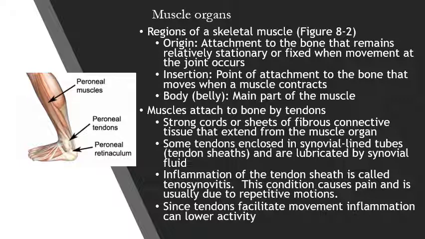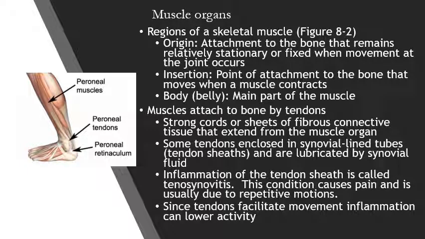Okay, more about muscle organs. The skeletal muscle is divided into three regions: the origin, the insertion, and the body. The origin attaches to the bone that remains relatively stationary or fixed when movement at the joint occurs.